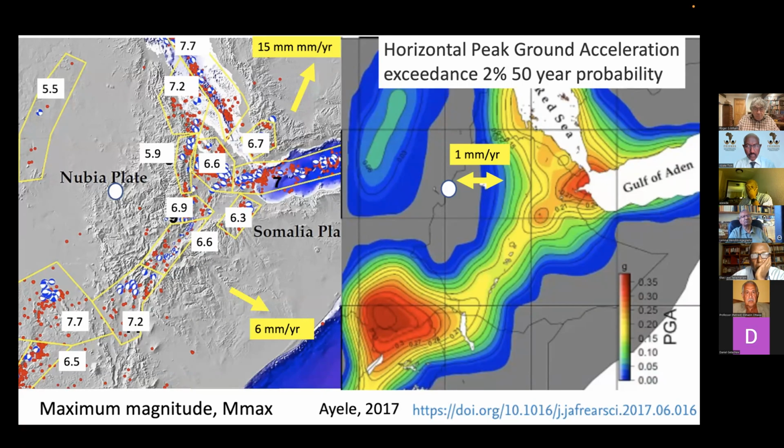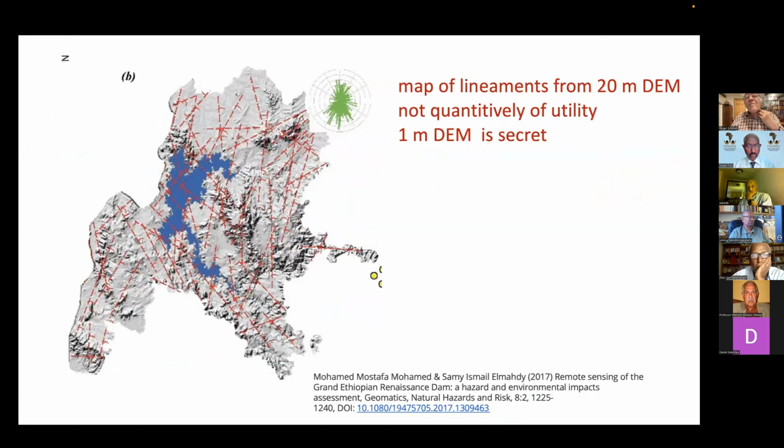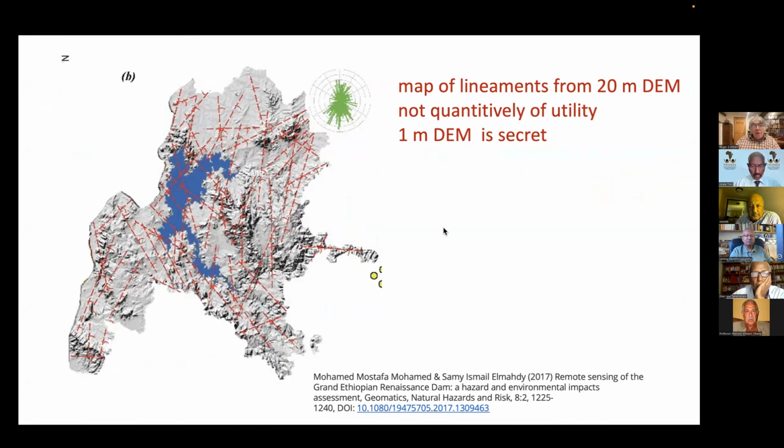All right. Now, there's been a number of people who have written about the details of the setting of the GERD dam. And this is one from Mohammed's paper and Ismail El-Mahdi. We're looking at a series of fractures.